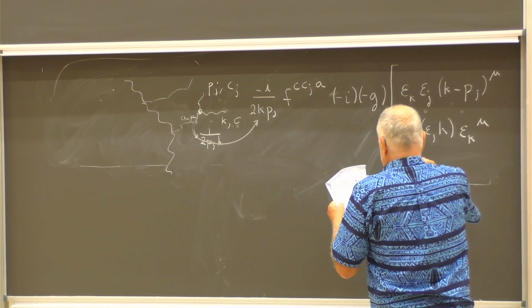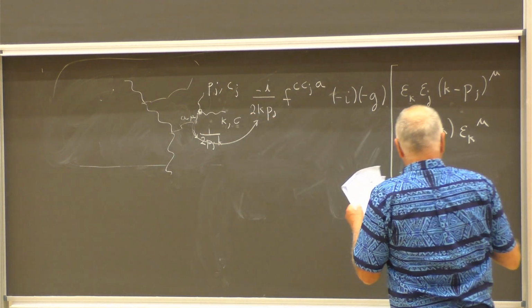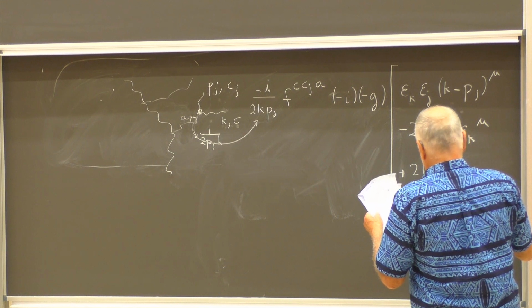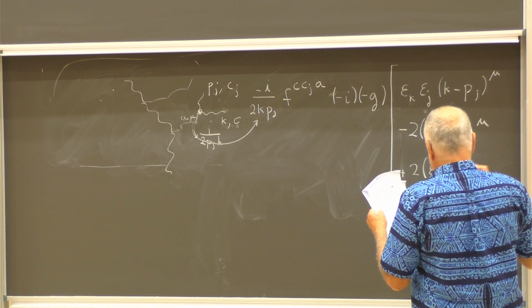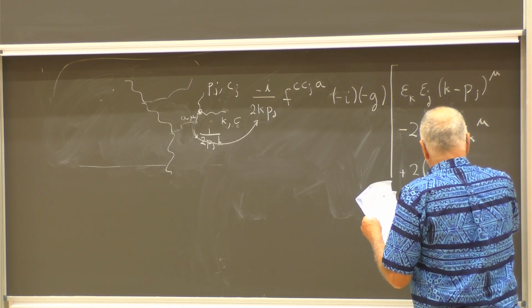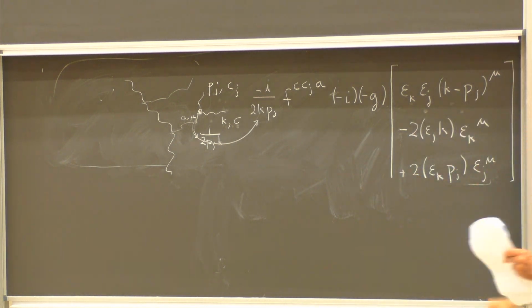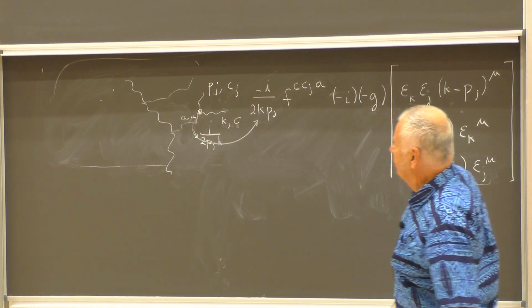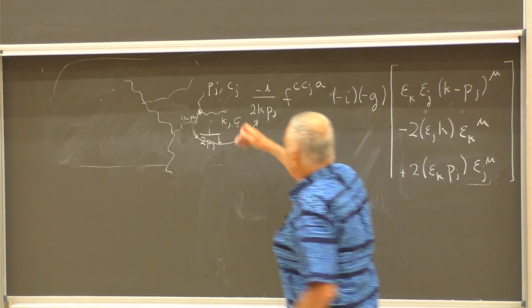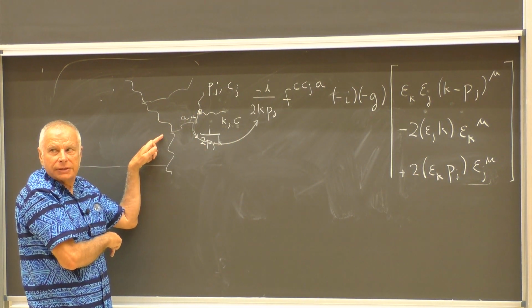There are always two polarization vectors, of the soft gluon and of the hard gluon. Yeah, there are three terms. You just look at a textbook, see what the three-gluon vertex is, and plug it in. This mu index will then couple to the rest of the diagram from Feynman rules.